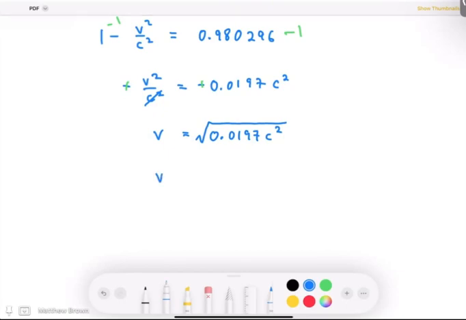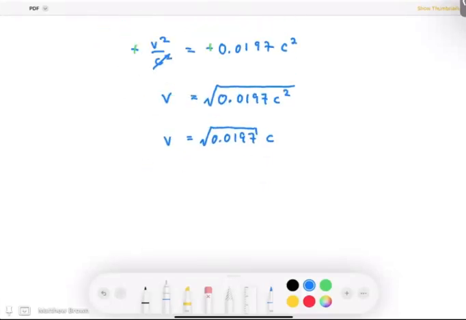And so v, just to write it this way, because having that out in front with a c gives you an idea of that. And square root the answer. That gives me, as sort of predicted, v equals 0.14 c.